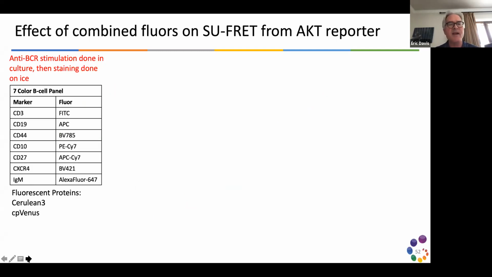We did a more complicated but more realistic experiment, in which we took our B cell lines that have the AKT reporter with these 2 fluors and labeled them with antibodies that have these markers on them, all of which, except for CD3, are expected to stain the cells. So cells were stimulated in culture with the anti-BCR, then put on ice, which we found stabilizes the reporter signal, and then we stained them with these other antibodies and analyzed.